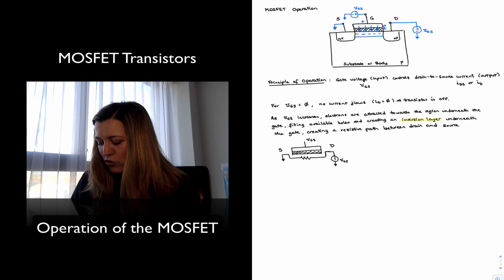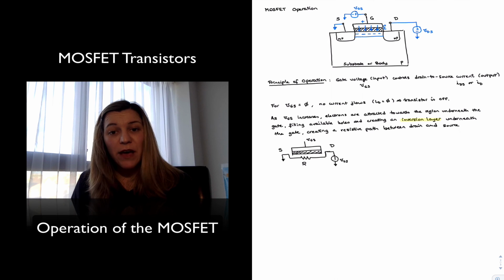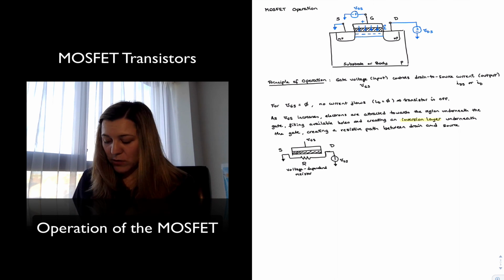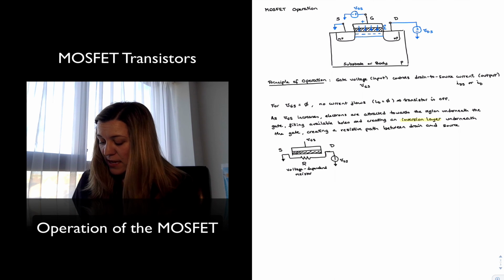Now, if you recall from your semiconductor theory, the resistive path of a semiconductor material is essentially a voltage-dependent resistor. Meaning the amount of current flow is going to depend on the amount of voltage that I apply at my VGS.